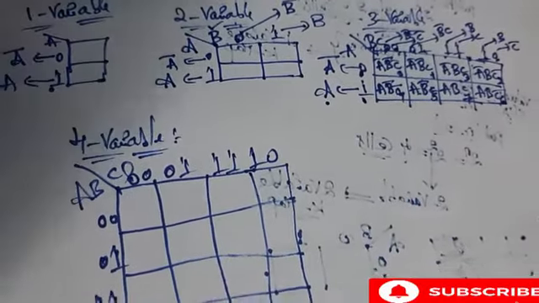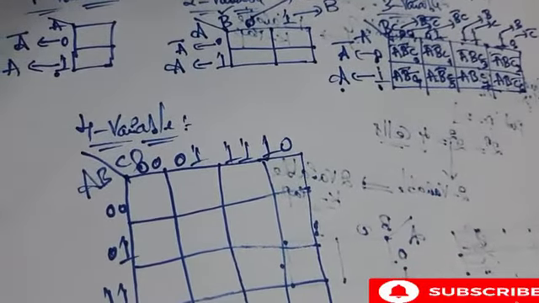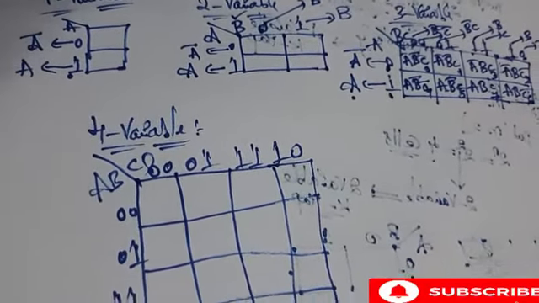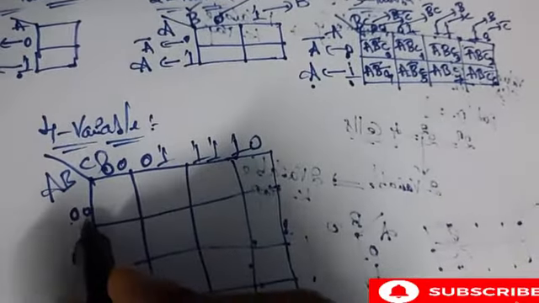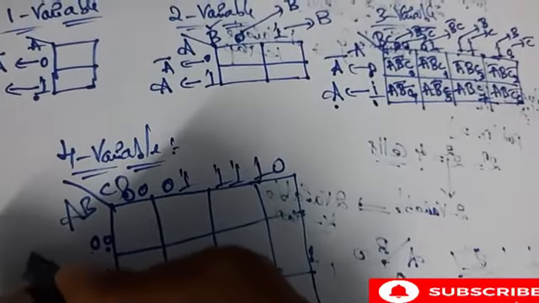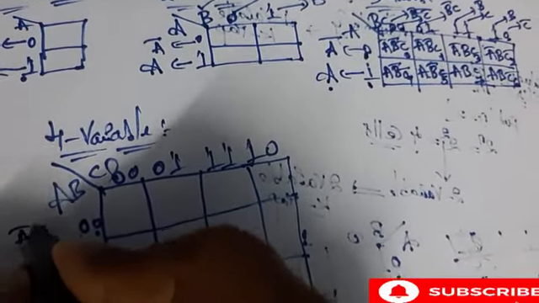Here, how we have done in the 3 variable K map, same way we approach the 4 variable K map. Let's see here 0 0, that means A bar B bar.